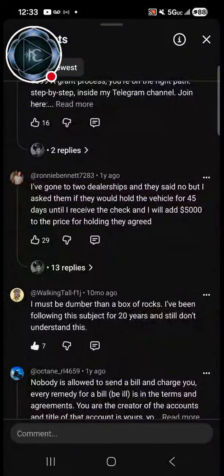But that's also what kind of got him in trouble, because he too quick to just do, and even when he didn't understand that filing the UCC was a lien.